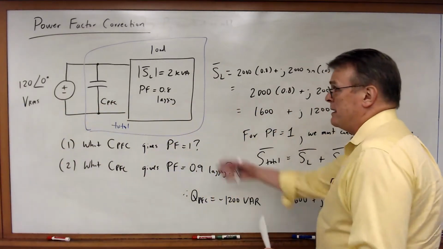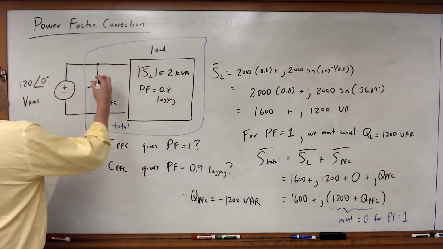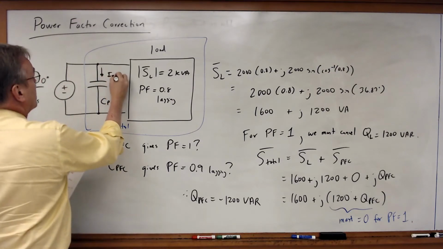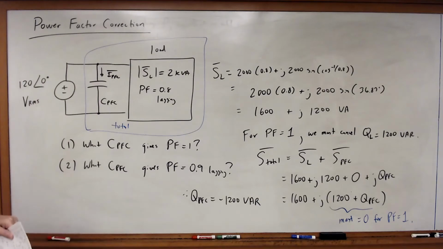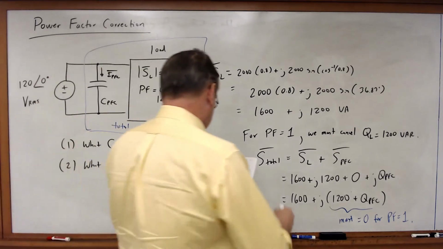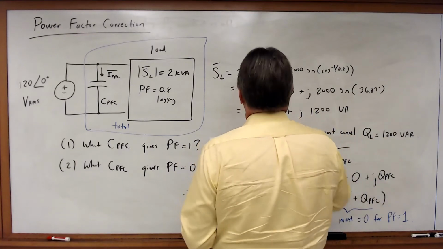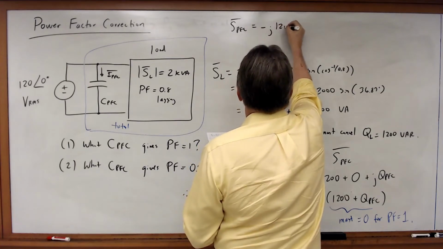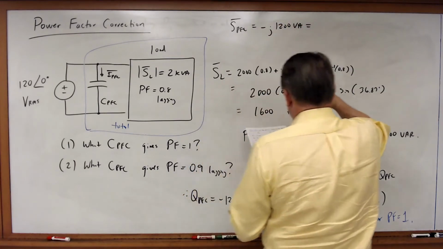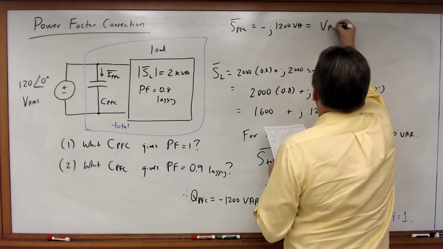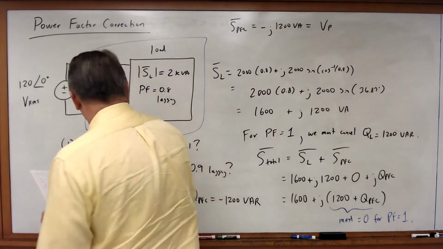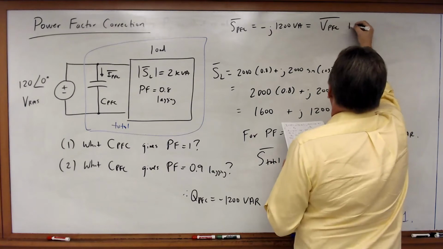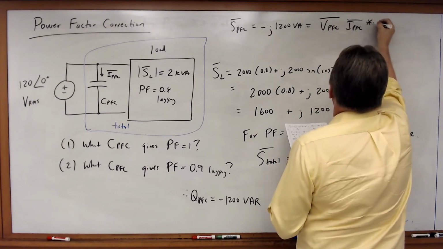And if that's the case, we can now go through. I'm going to define a current IPFC flowing through that capacitor. And so what we get is that, in this case, SPFC is equal to minus J 1,200 VA, which is equal to the voltage across the capacitor times IPFC complex conjugate.